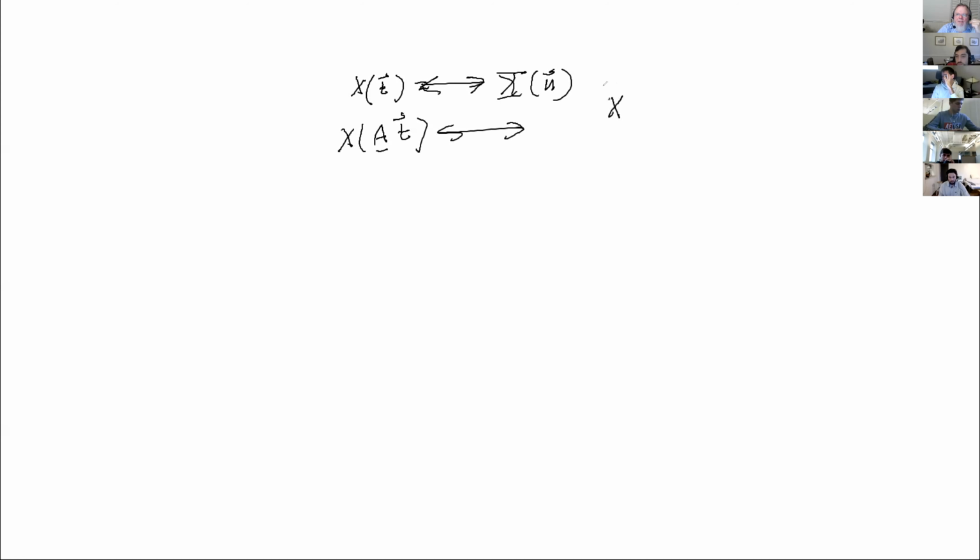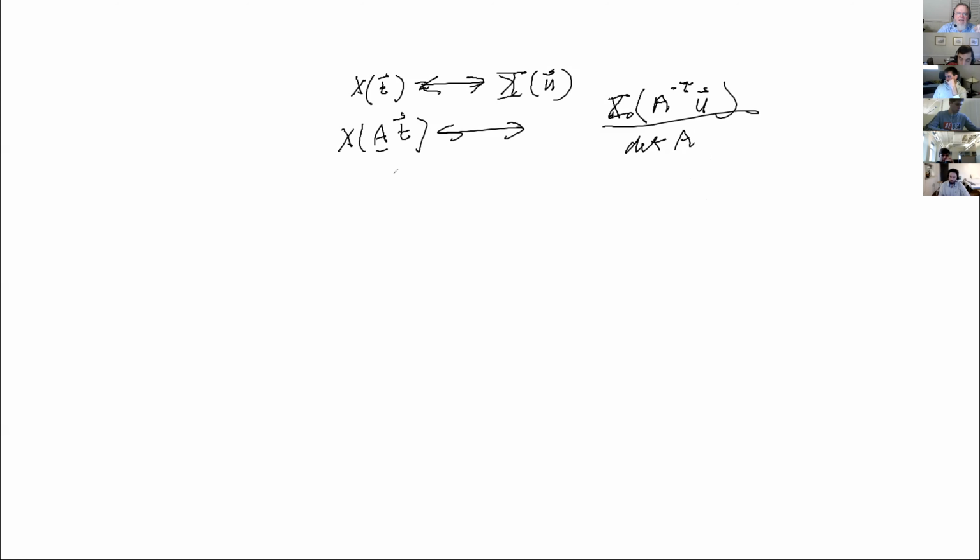And we haven't proven this, and I should have, it Fourier transforms to A inverse transpose of u divided by the determinant of A. Let's see, is it the determinant of A inverse? I think it's a determinant of A inverse. Is that right, Glauco? Check me on that. No, it's just the determinant of A, okay. Yeah, that's right, determinant of A.